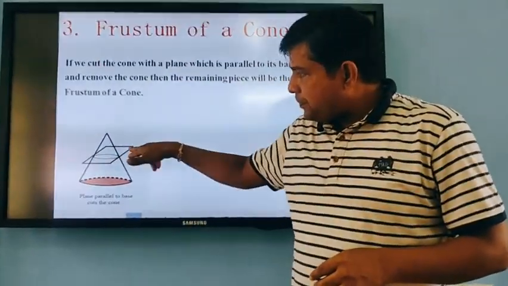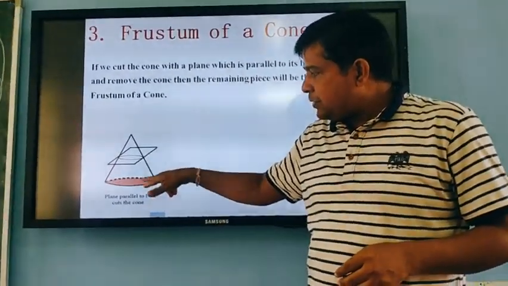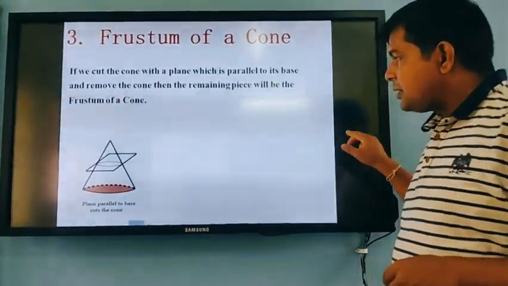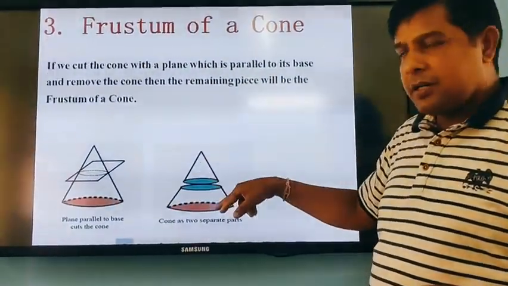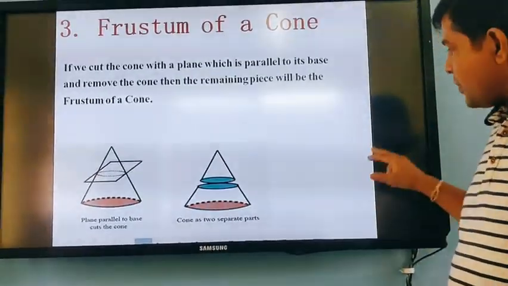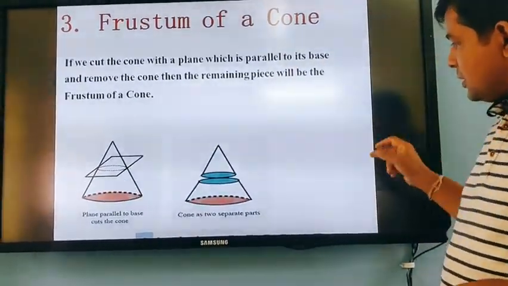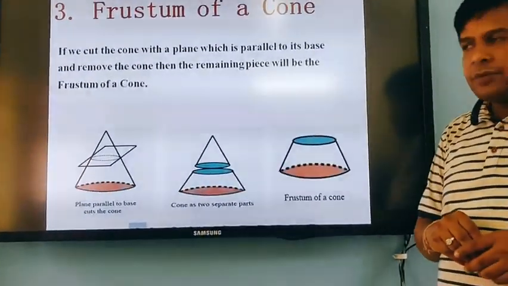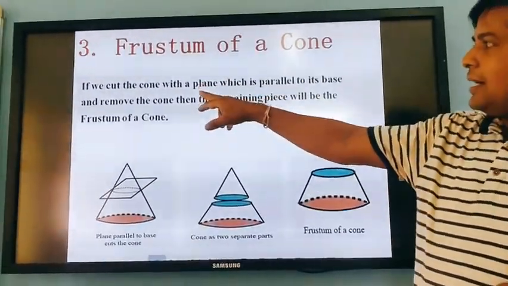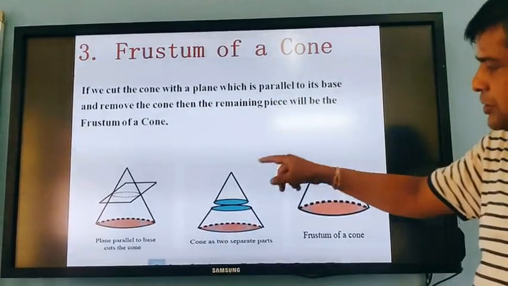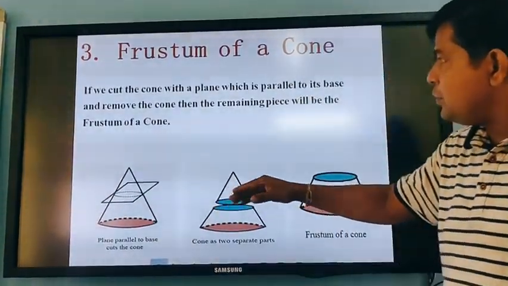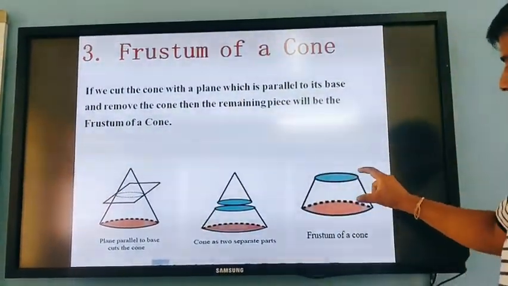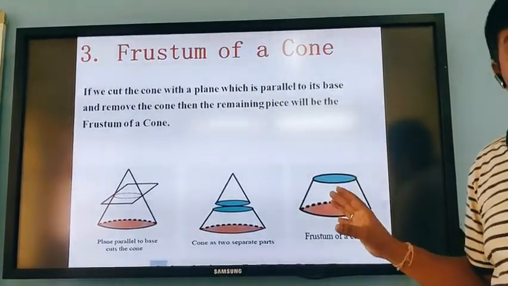We cut it by a plane which is parallel to the base. The cone is divided into two parts. We remove this cone. The remaining part is known as the frustum of the cone. It means if we cut the cone with a plane parallel to the base and remove the top piece, the remaining part is known as the frustum of the cone.